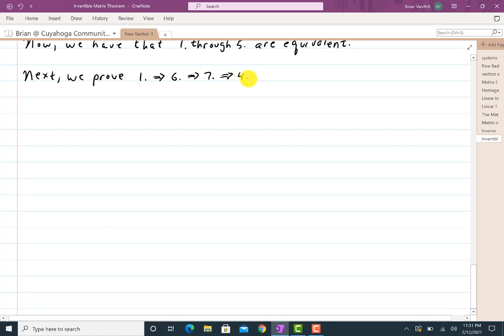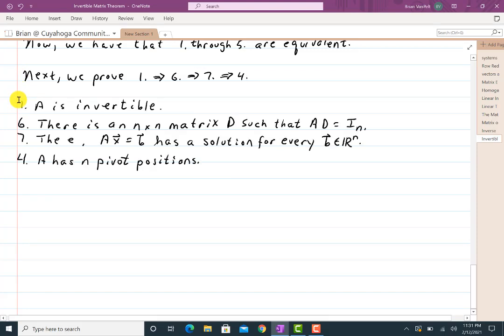Remember that 1 and 4 are equivalent, so if I do this, it's the same as if I did 1, 6, 7, back to 1 again, because 4 and 1 are equivalent. So that's the plan here. It just so happens that proving 4 from 7 is easier than anything else that I could think of. Let me put up those 4 statements so that we can have them handy. All right, and let's go ahead and start with 1 implies 6. So we assume that A is invertible.